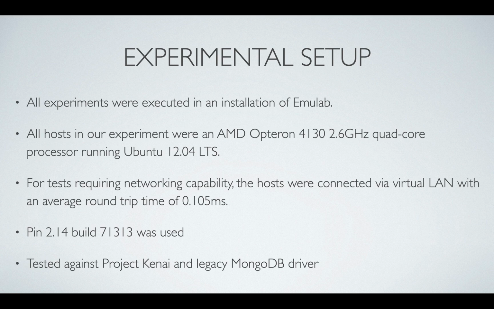We had everything connected via virtual LAN, where the average round trip was 0.1 milliseconds, and we used Pin 2.14 for our testing purposes. We also pulled in, like I said, two other implementations of binary JSON. One was Project Canal, and the other was the legacy MongoDB driver. For those who know, MongoDB actually uses binary JSON to store and retrieve data from its document model.